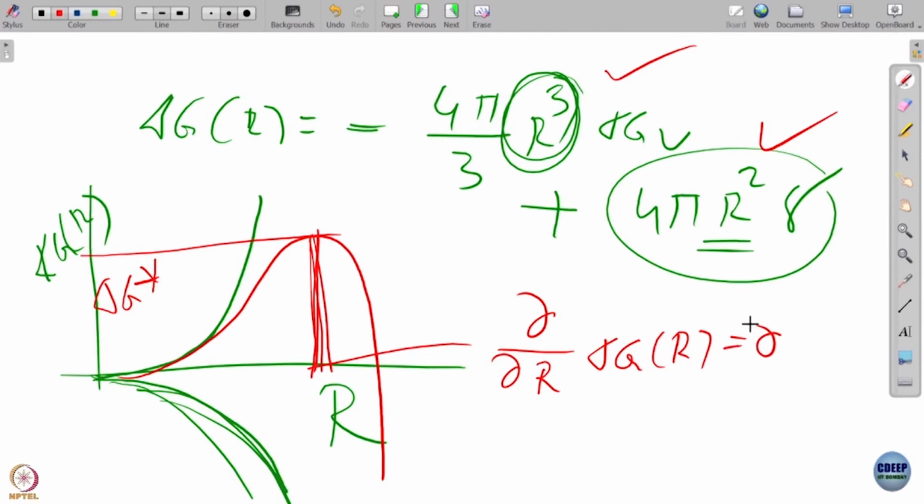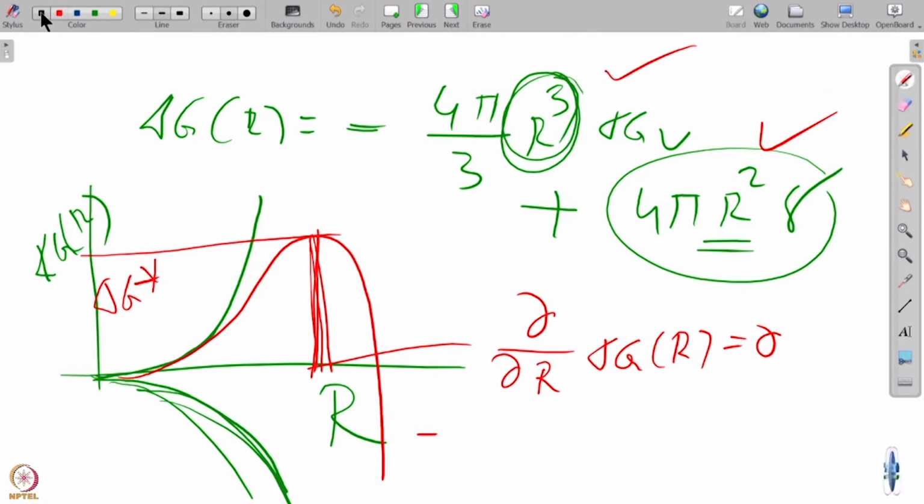When I do that, I get minus 3 cancels this 3, and I get 4.